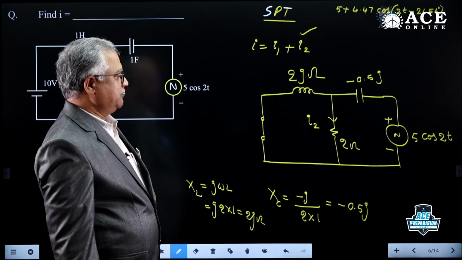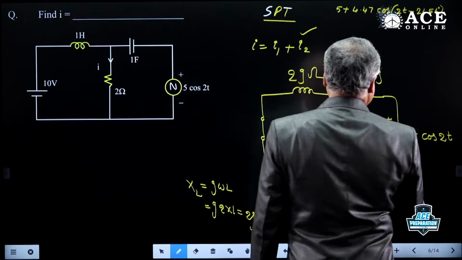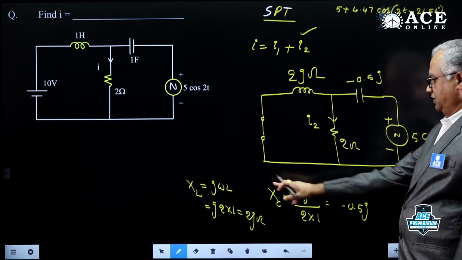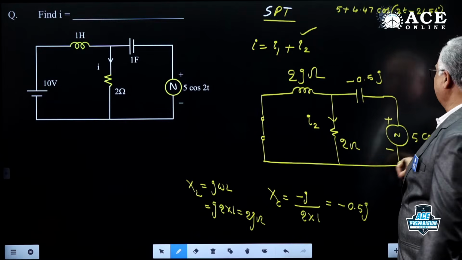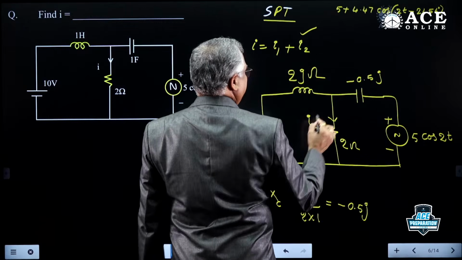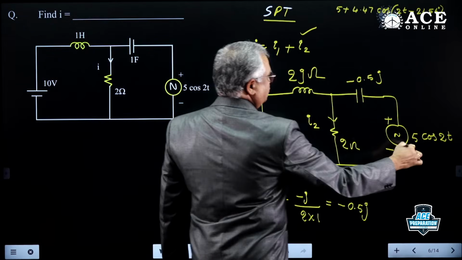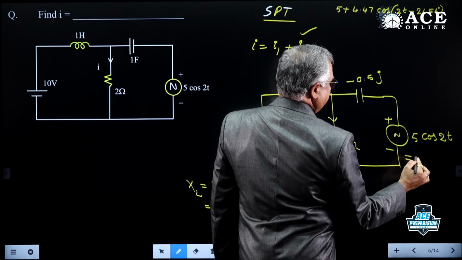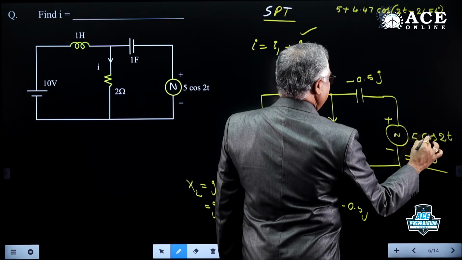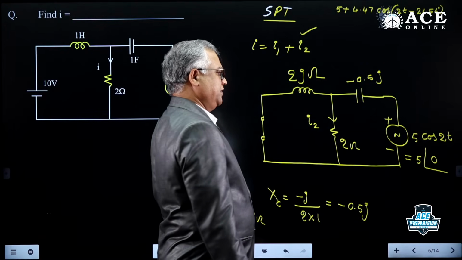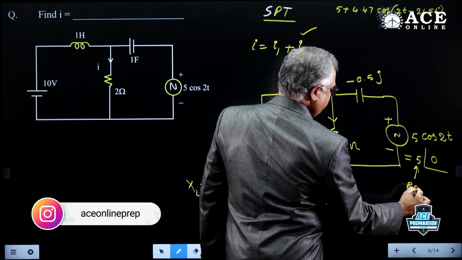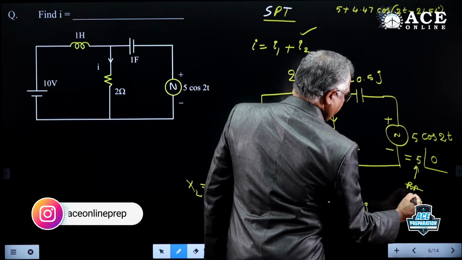If it is an AC source, it comes under steady state analysis. The inductor is replaced with inductive reactance and the capacitor with capacitive reactance using these formulas. And it is a single source problem. You have to find I2. The powerful step is to first find this voltage and also convert the source into phasor form. That is 5 at an angle of 0. This cos need not be converted into sine, and this 5 I am taking as it is, the maximum value.